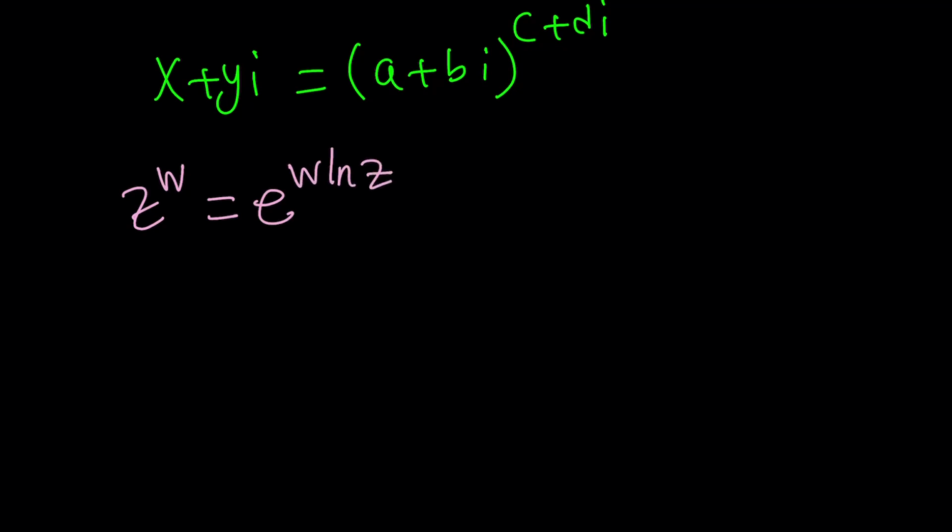And notice that if z is 1, ln z is 0, and you get 1 to the power w equals e to the power 0, which is 1. So any power of 1 is 1. Is it always true? What happens if you raise it to the power 1/2? 1 to the power 1/2, the square roots of 1. Okay, that's kind of like a gray area. I made a video about that. You can go ahead and check that out. I'll try to link it here.